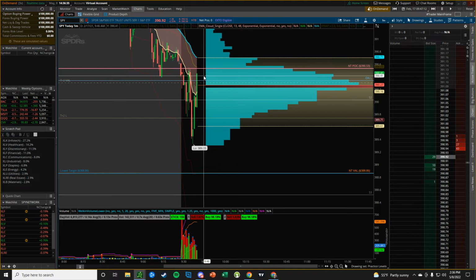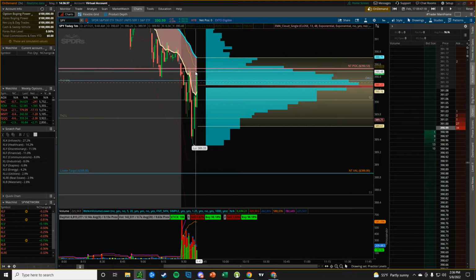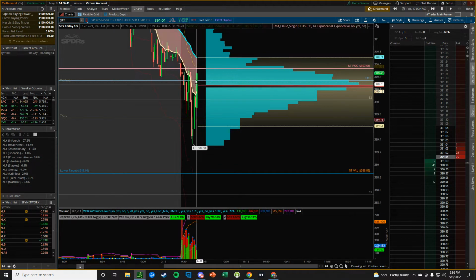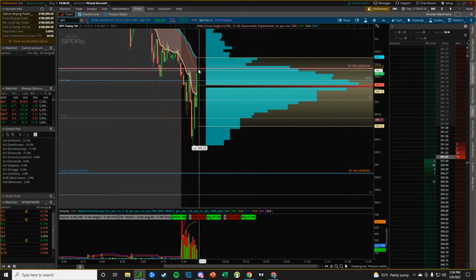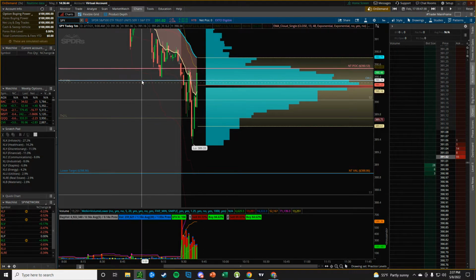Ooh, it's getting close. All right, and that would have stopped us out. So we wouldn't have gotten a ton of profit on there, but remember, we entered just below that near-term POC.